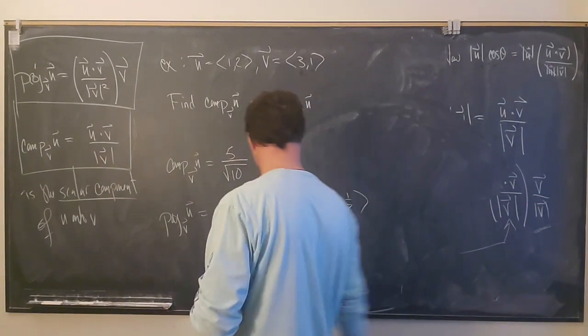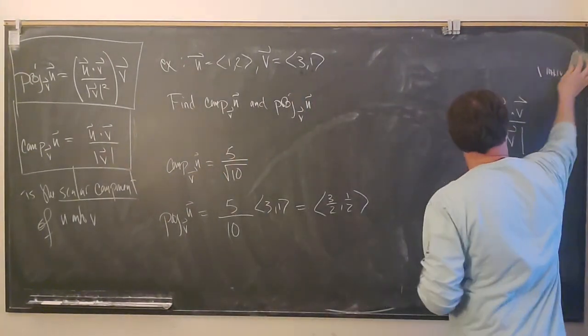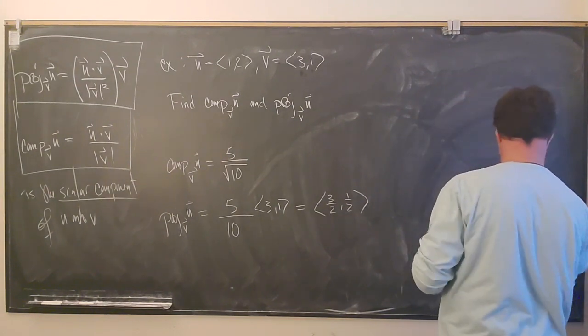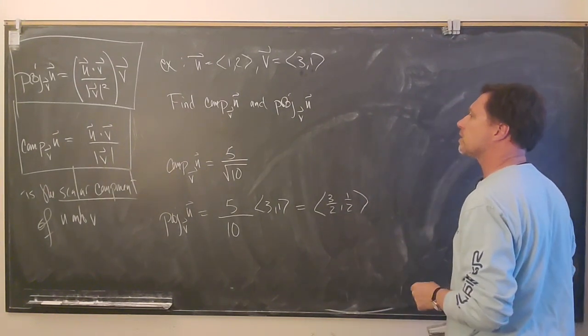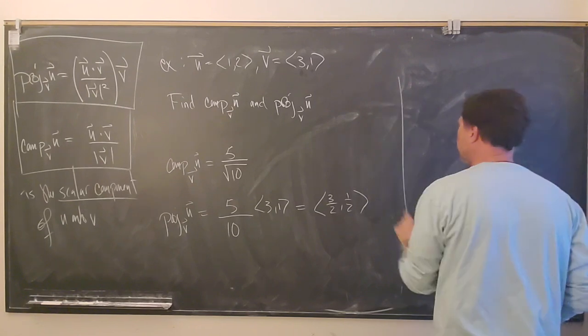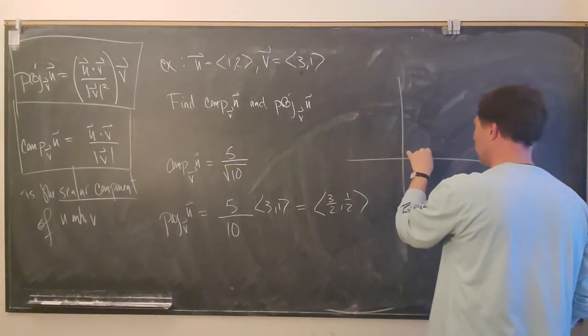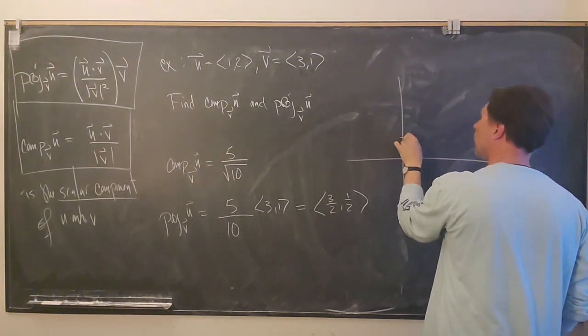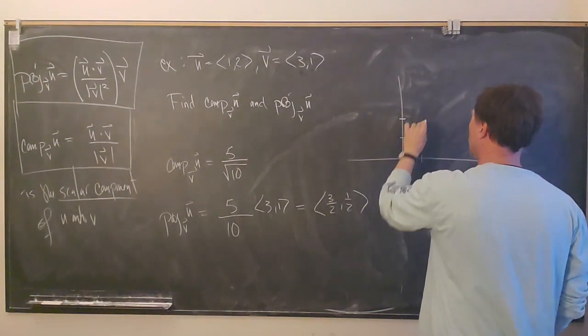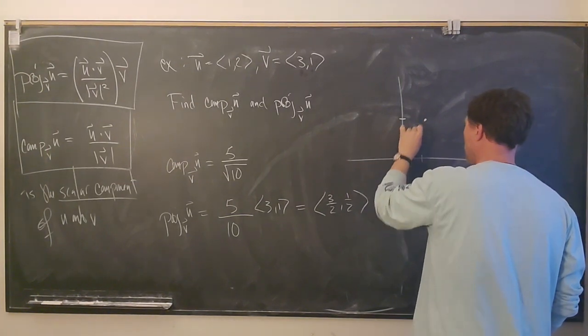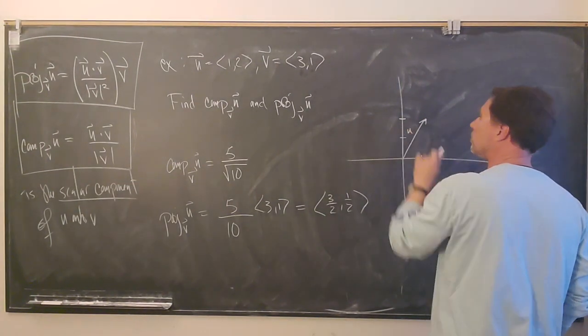And let me just draw the pictures here. These things maybe are a little mysterious. Okay, so in the plane, if I draw the position vectors, I'm going to go over 1 and up 2. So there's my vector u.